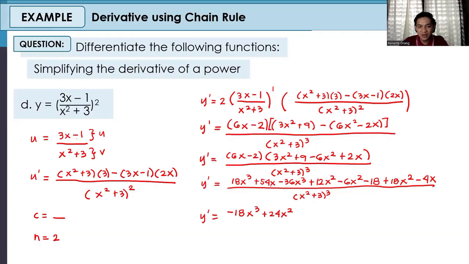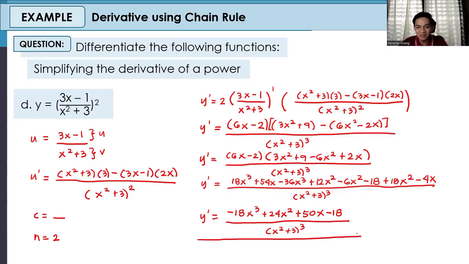Next, 54x minus 4x is 50x. And last one, we have negative 18. That is all divided by x squared plus 3 cubed. The denominator we do not need to expand, so this will be our final answer.